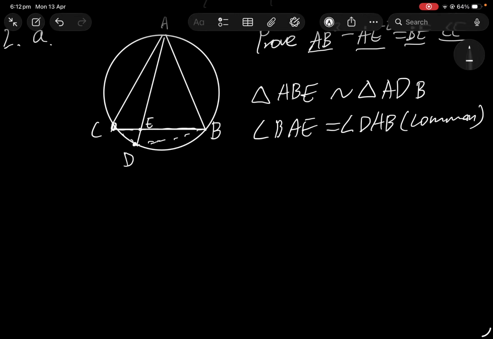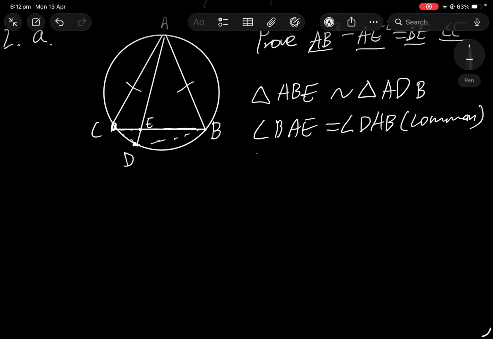And then we can write about how this angle equals this angle, and because they're the same, this is the same. So we have to prove that EDB is equal to ABE. So we're gonna do that.